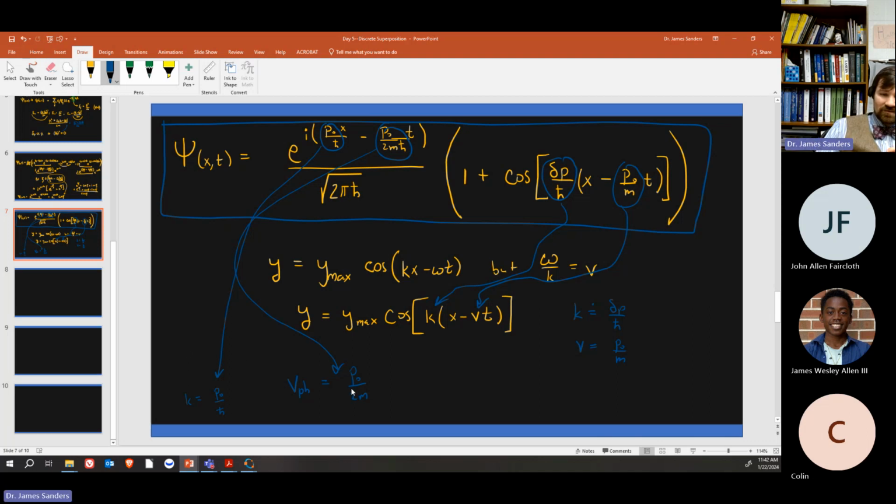Your phase speed is set by this speed for your central mode, and it's half of the group speed. Okay, that was as discussed last time. So now we've kind of derived it explicitly. This part right here, this is your actual wave packet. And so this right here, these are the group terms.